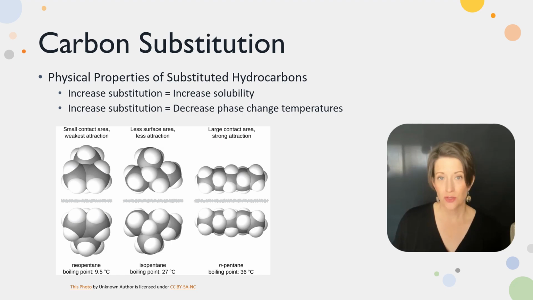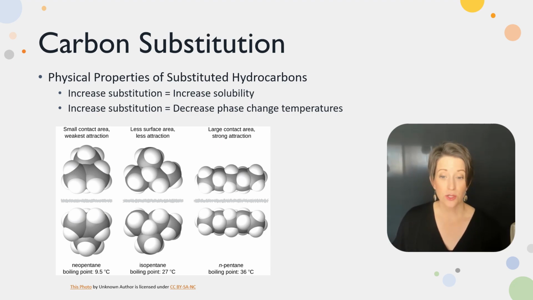Knowing the substitution of a carbon helps us predict physical and chemical properties. Looking at physical properties first. As you increase the substitution around a carbon, we're going to increase the potential solubility. So even though hydrocarbons are not readily soluble in water, the more substituted a hydrocarbon becomes, the more spherical in shape it is.